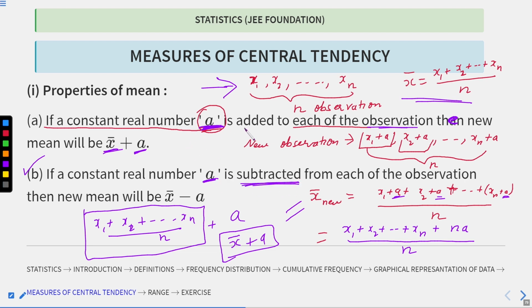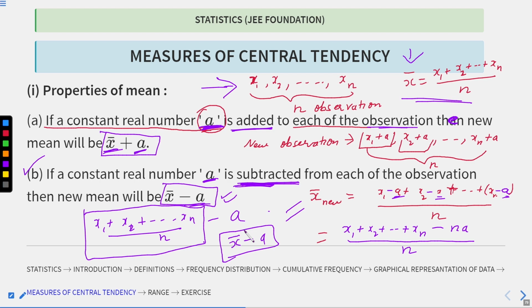In the previous case we talked about addition, here we are talking about subtraction. On the same steps we can say that my new mean will be the old mean minus a. I hope this is very clear to you. The proof for this is the same as we did; we just use the minus sign over here. I hope you are getting what I am saying. Okay, I hope this is clear.